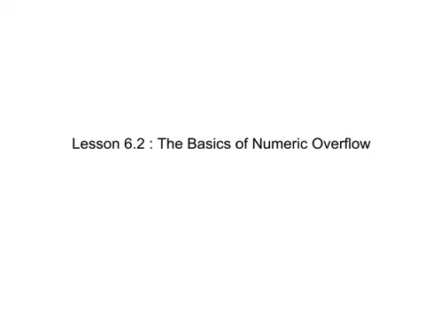Alright, so this lesson is something that applies to all programming languages, not only C. In the last lesson, I explained to you about signed and unsigned numbers. And in that lesson, I explained that the more bits that you have available for storing a value, the greater the value you can store.